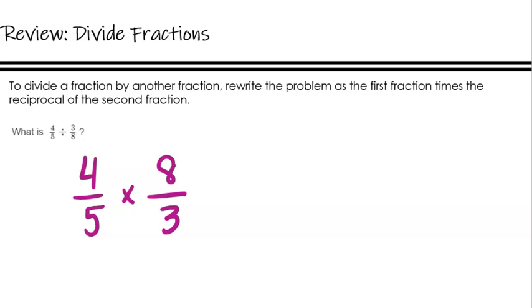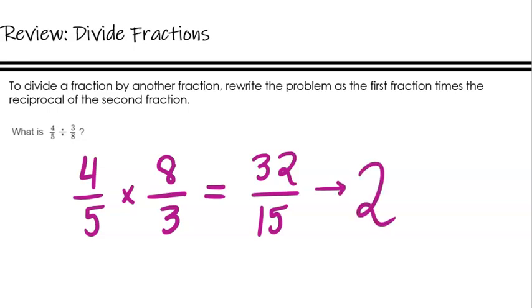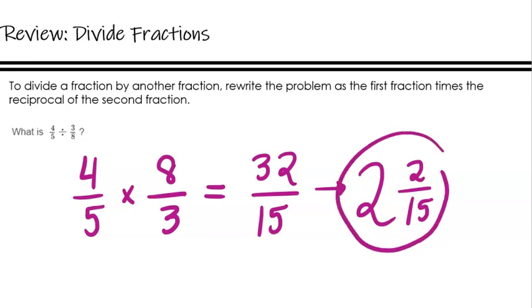And then you multiply your fractions together. 32 over 15, and then we need to simplify. 15 times 2 is 30, so we can make two whole groups of 15. Because it's 30, there's 2 left over to get to 32, and then out of 15. So there is our final answer.